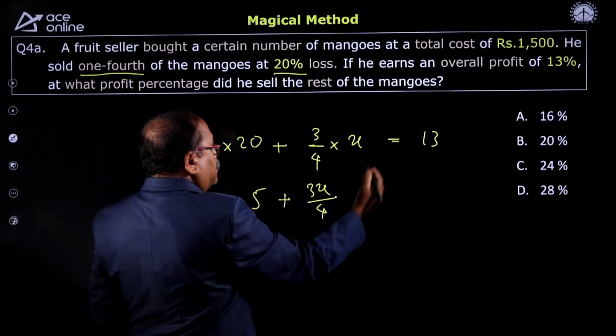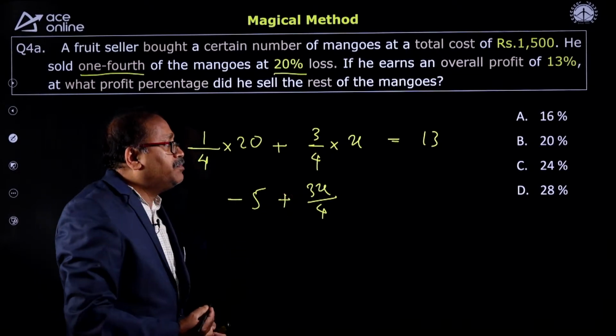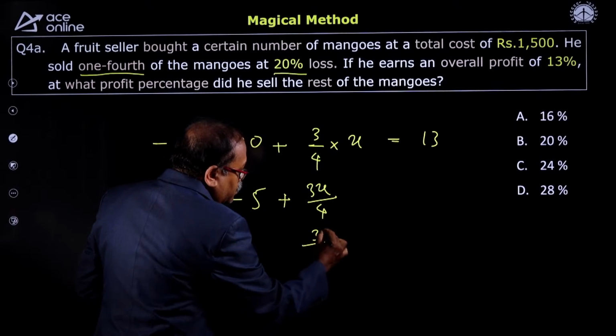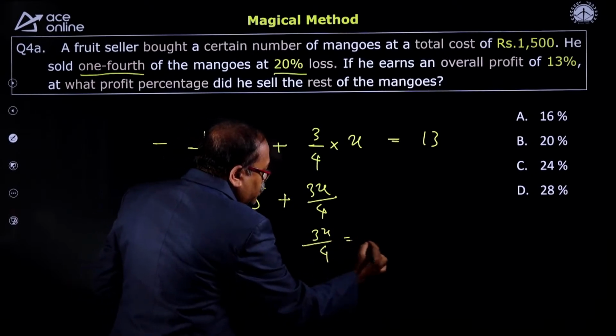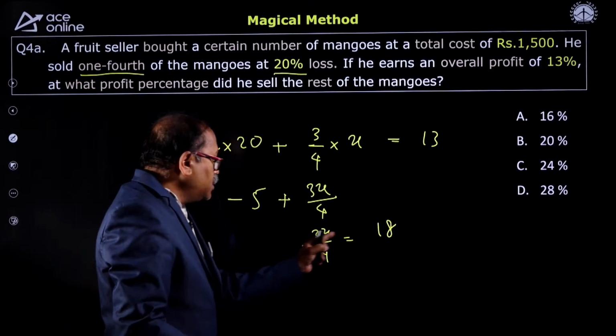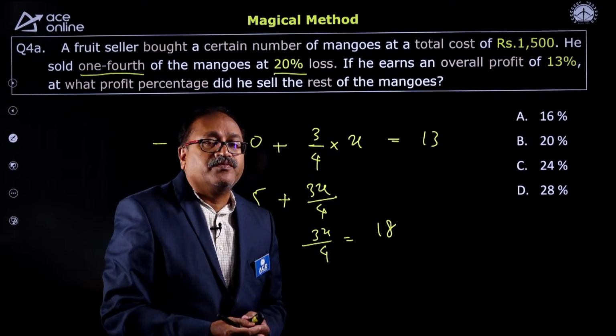When the minus goes to the other side, 13 plus 5 will be 18. So I get 3x by 4 equal to 18. Then x: the 4 cancels, 6 times 4 is 24.